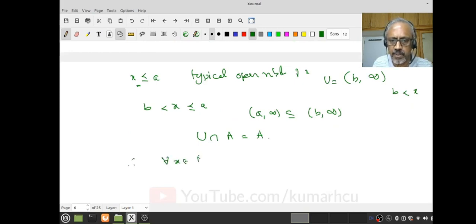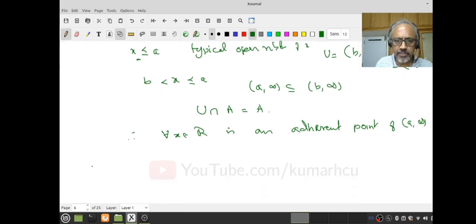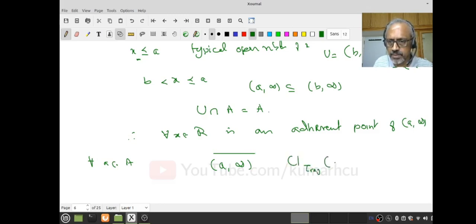Every x in R is an adherent point of A infinity. Therefore, the closure of A infinity in the ray topology tau ray is all of R, right?